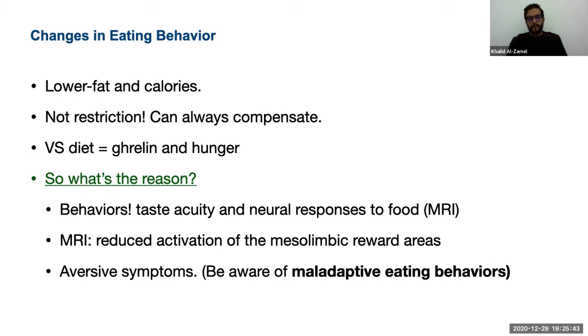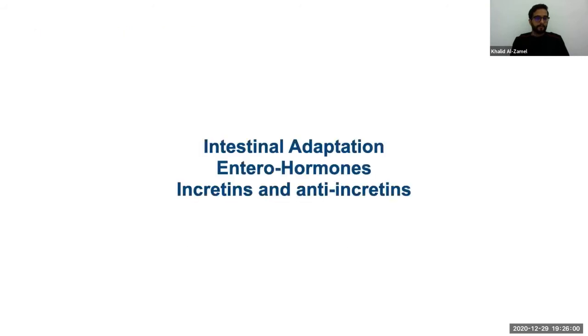But unfortunately, this is a two-way complication, because some patients might develop a maladaptive eating behavior, and that, in fact, will cause the opposite effect of eating a small volume but a high-calorie diet.